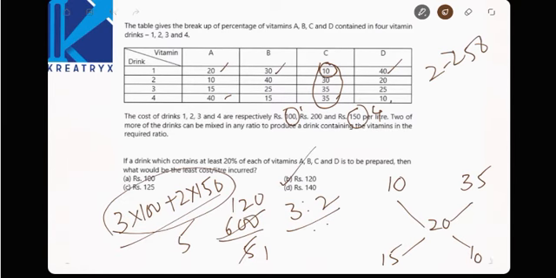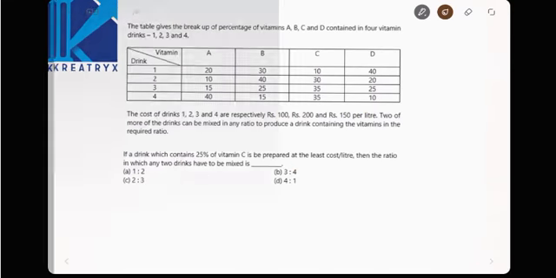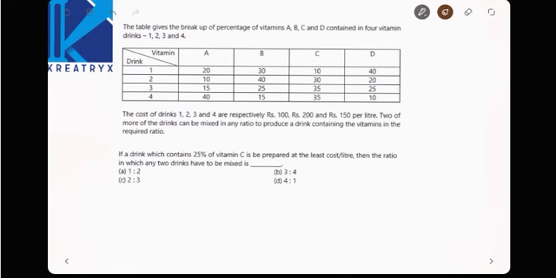Option B. If a drink which contains 25% of vitamin C is to be prepared at least cost, then the ratio in which any two drinks can be mixed is the question asked. Okay, now 25% means you have to mix drink 1 and again drink 4, right?